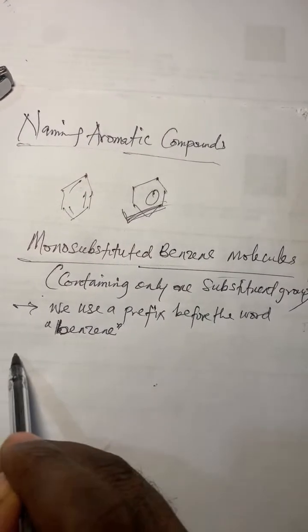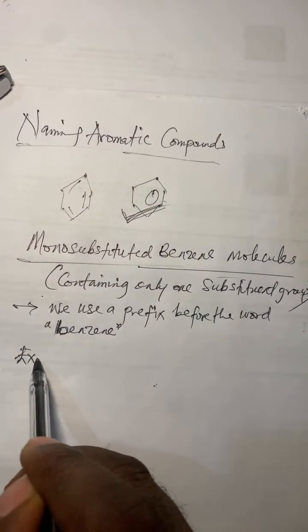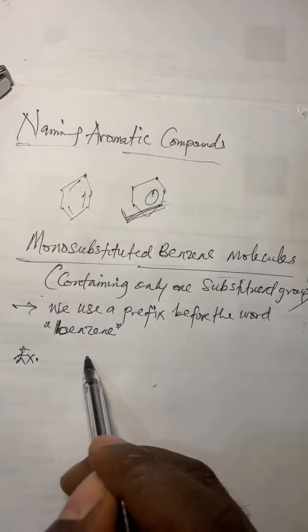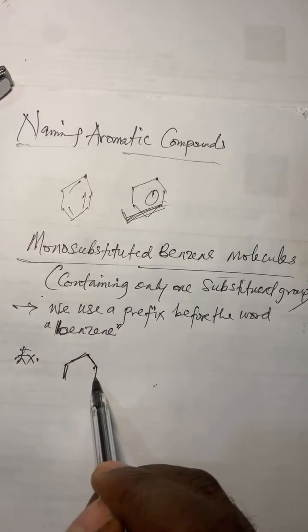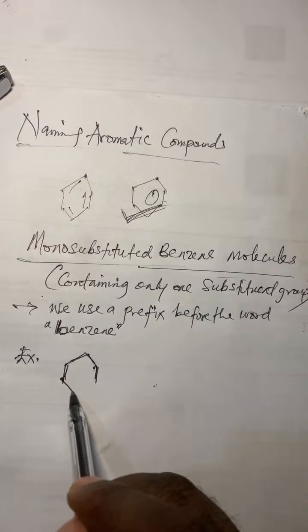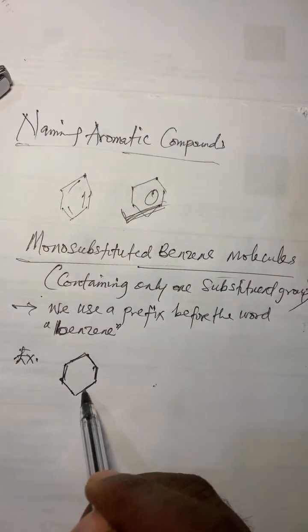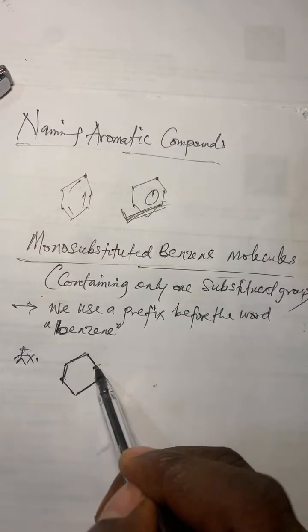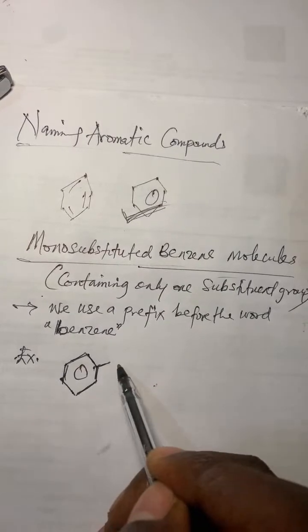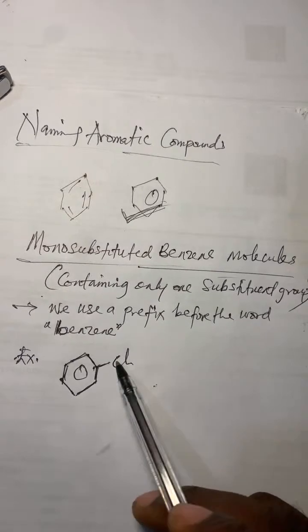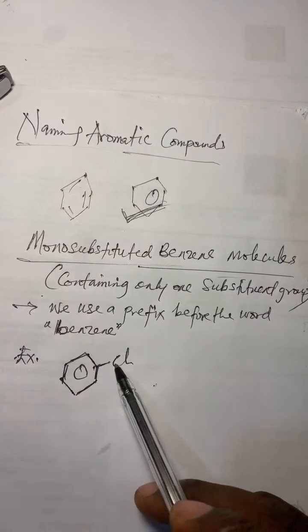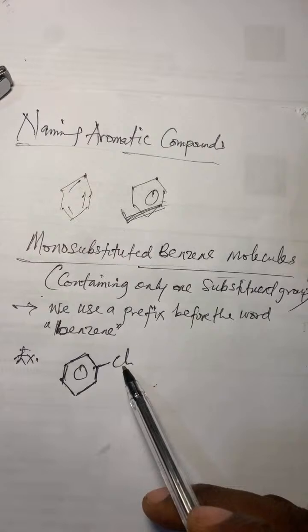Okay, let's just talk about an example. We're having this benzene molecule, and then we have just a single chlorine attached to the benzene molecule. This is an example of what we call monosubstituted.